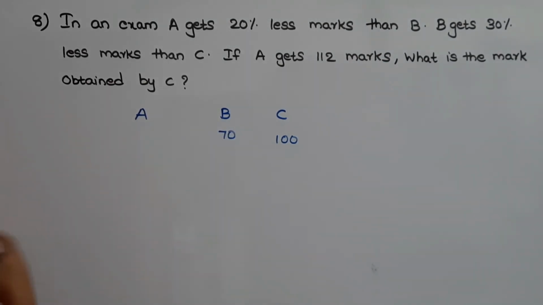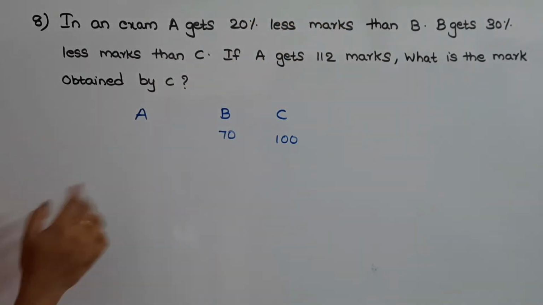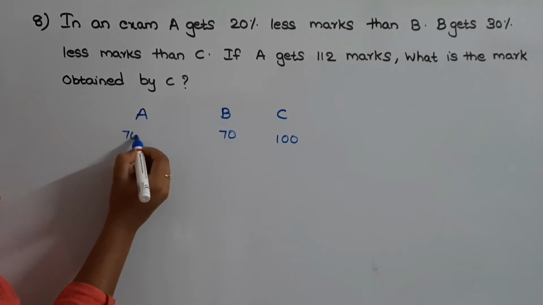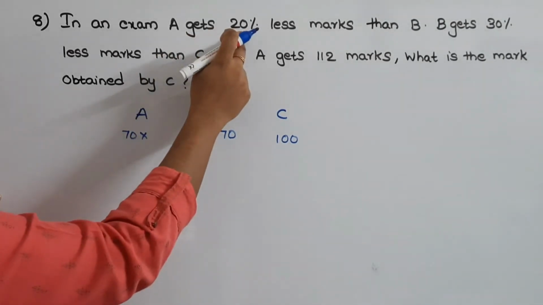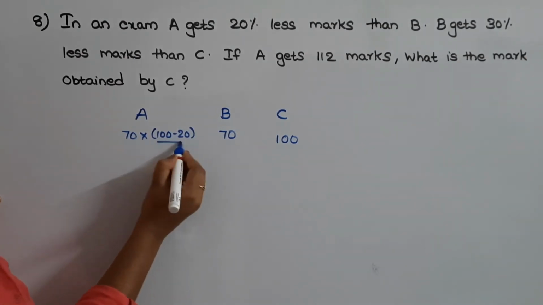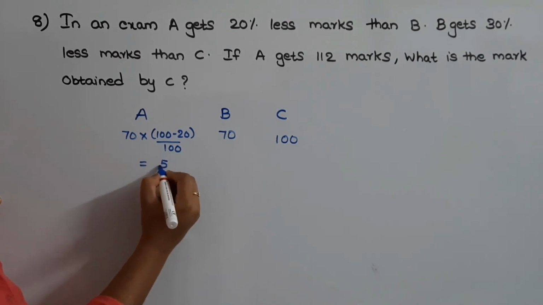Okay, then they are telling that A gets 20% less marks than B. Then what will be the mark of A? That will be 70 into 100 minus 20 divided by 100. So on solving this you will get it as 56.